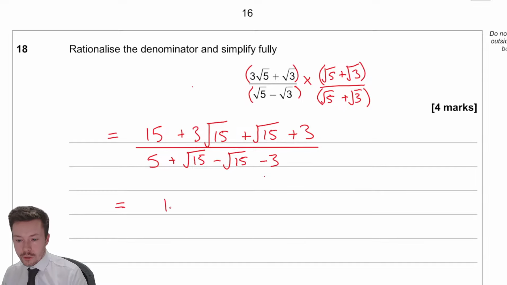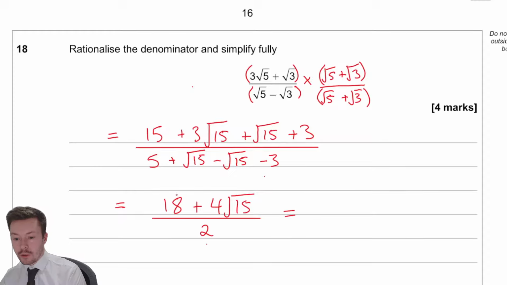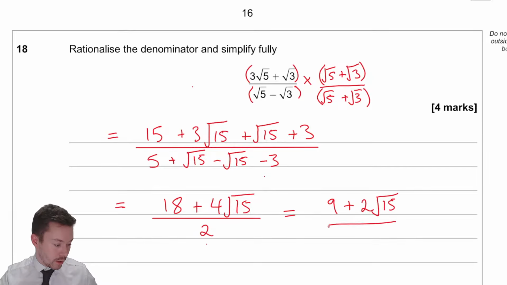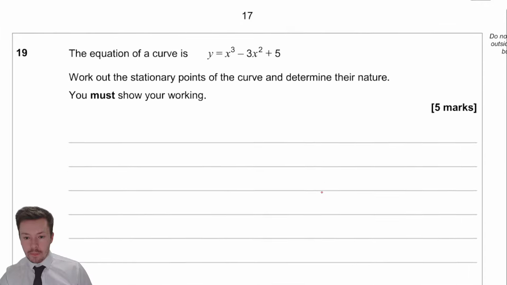So that simplifies to 18 plus 4 root 15 over, on the bottom, 5 minus 3, which is 2, because the root 15 and the minus root 15 cancel. And so we just divide everything by 2, and we get 9 plus 2 root 15. Okay, should be our answer. Right, moving on then to the next one.